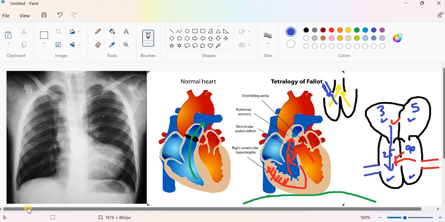The boot-shaped heart means that we have narrow areas that contain blood vessels. So instead of having the aortic knuckle and then the pulmonary artery, we don't have them anymore. Instead, where the blood vessel part should have 2 projections or 2 bulges, you will find a concave border.